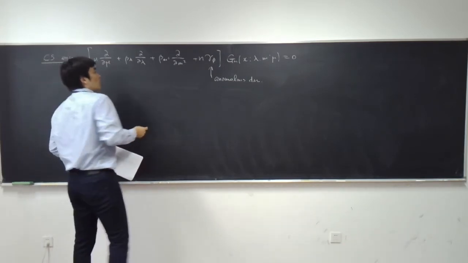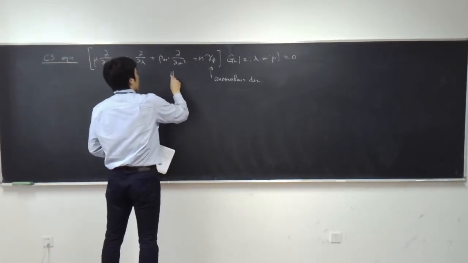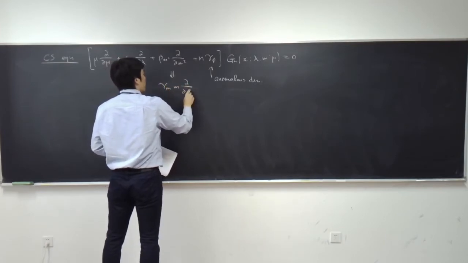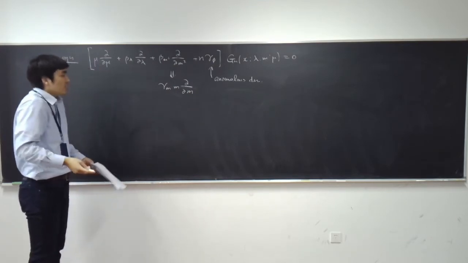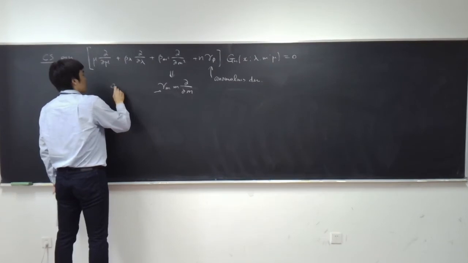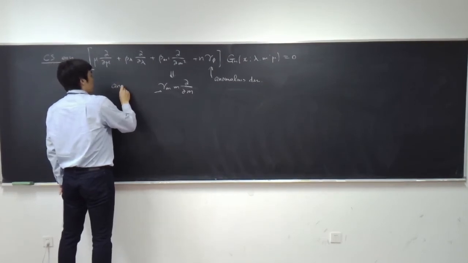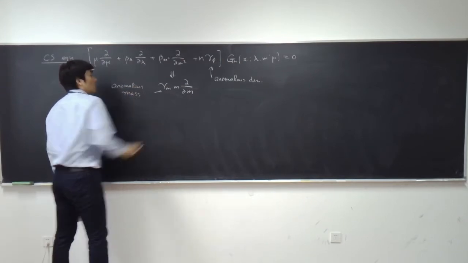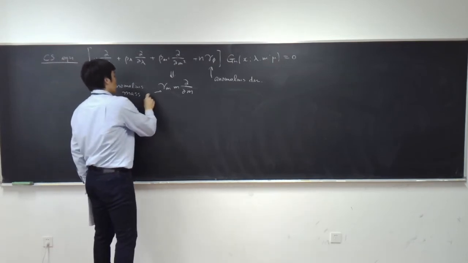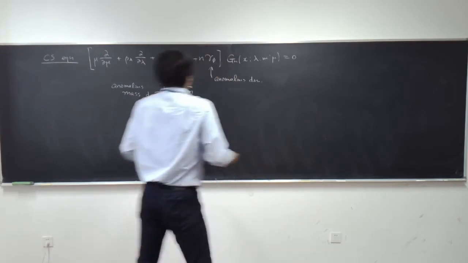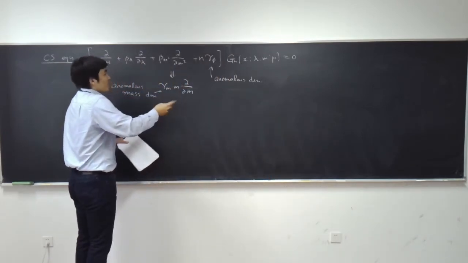Some books treat this part as one big piece. Some people write it this way, some people write it that way. It just depends on notation. And this gamma is called the anomalous mass dimension, and so on, but it really depends on the book.